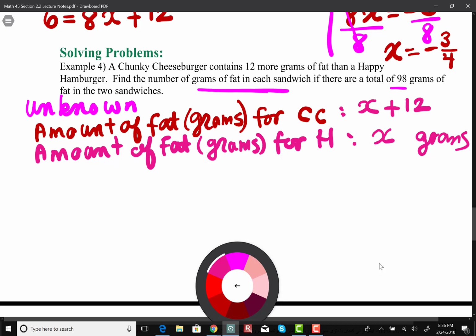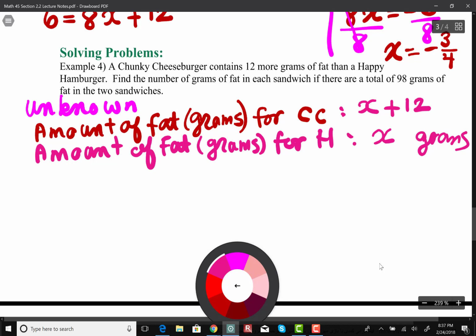Now that we wrote our, again, we have two unknowns, but we only use one variable, only X. So X for Happy Hamburger, the fat for Happy Hamburger, and X plus 12. These are called expressions in terms of X. So what's the next step? For the next step, I need to write the equation. And where do I get that equation? Remember, we had two sentences, two pieces of information were given verbally.